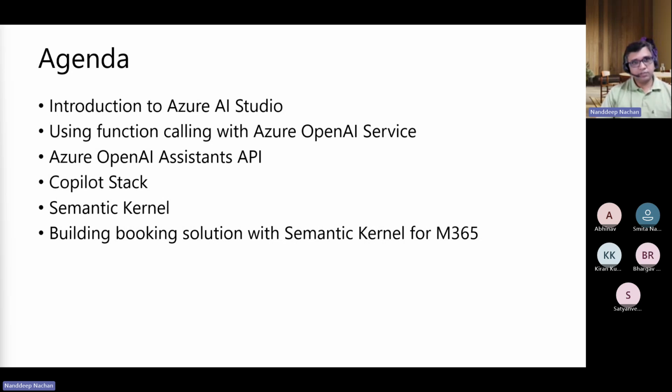We will see what is meant by semantic kernel and how it helps to do all those things. Lastly, we will end our session by showing some cool demos about how we can build the booking solution. Booking is one of the apps available inside of Microsoft 365. So we will see how we can build the booking solution with semantic kernel for Microsoft 365. All right, so this is the agenda that we have got.